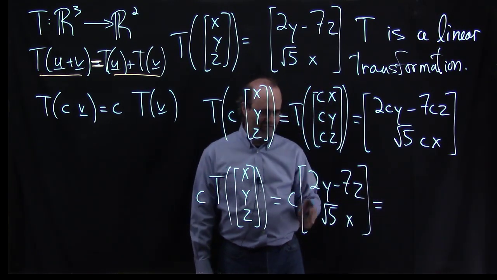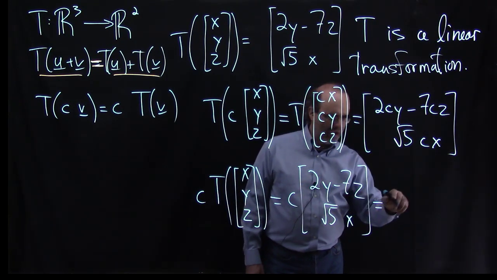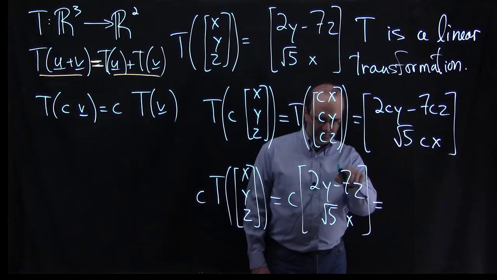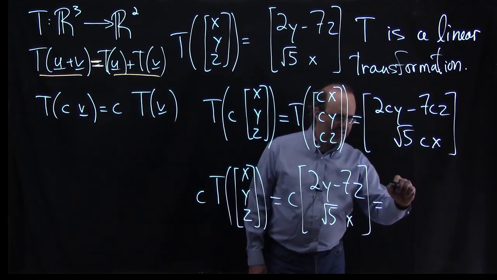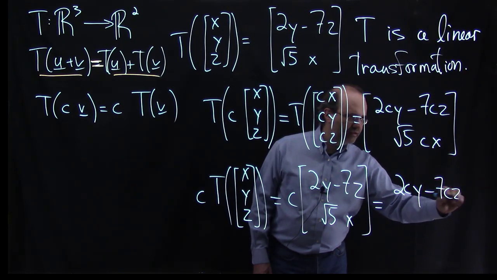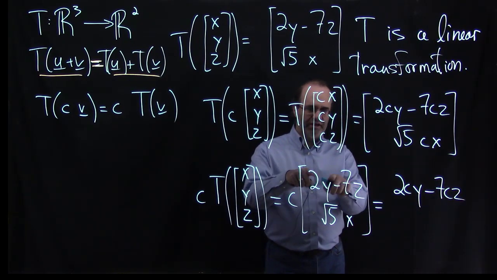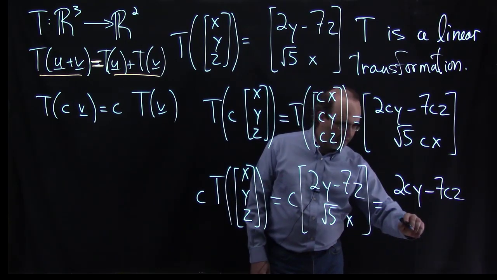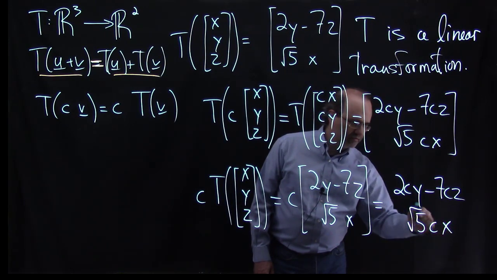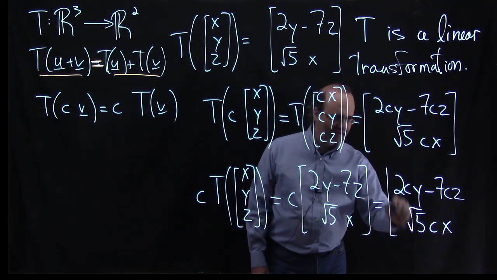It's just a vector times the scalar, so I can put the scalar in front, multiplying both components by c. I can distribute the c inside, so I get 2cy minus 7cz, and here I get square root of 5 times cx. I mean, c times square root of 5 times x is equal to this.